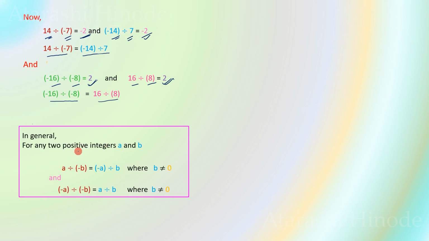In general, for any two positive integers a and b, a divided by minus b is the same as minus a divided by b, and minus a divided by minus b is equal to a divided by b, where b is not equal to 0.